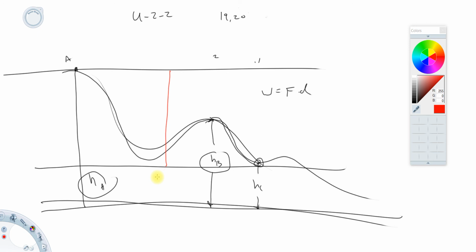You can also get it from the difference in total energies. Actually, I'm sorry, let me go back. The difference in kinetic energies, that's what you would want to do. That would give you the work done by the gravitational force. Well, I would just take the gravitational force times this distance right here, and that will tell you the work done. So that should get you through number 20.